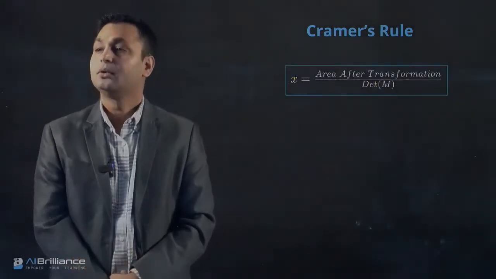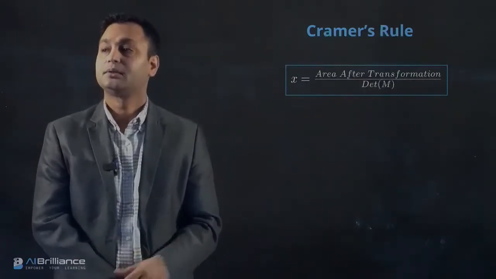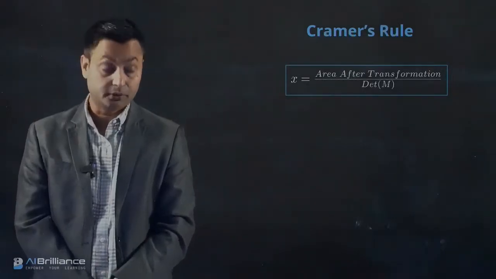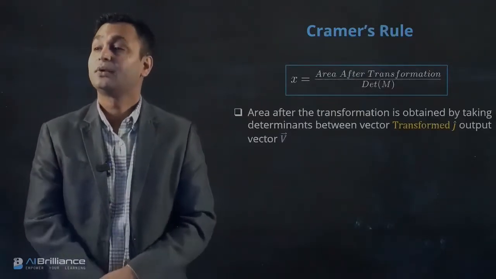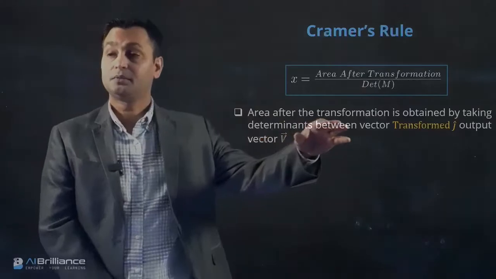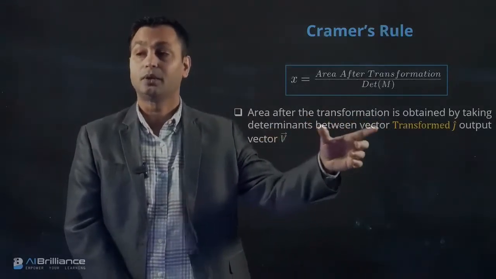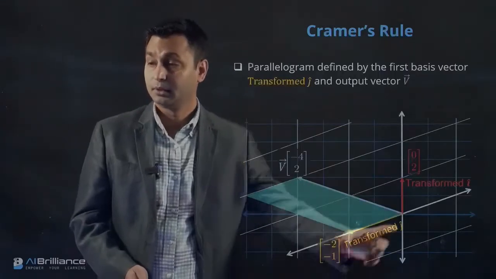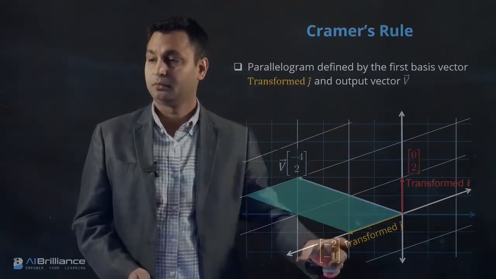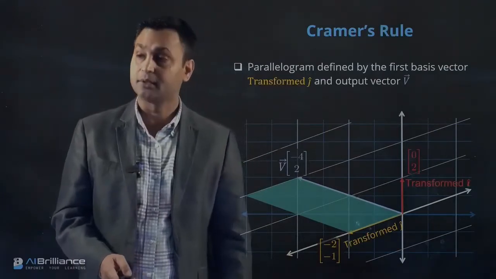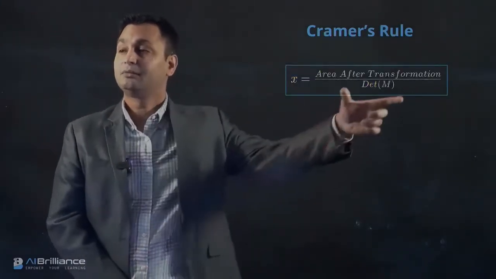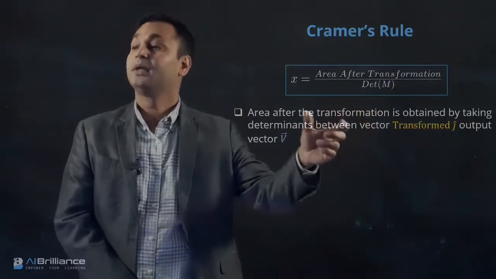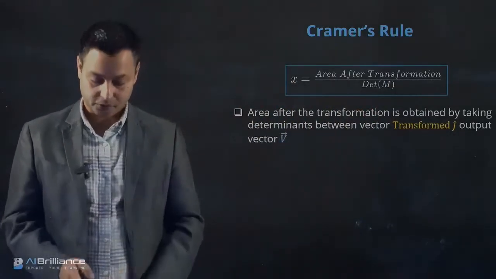So we can now use this idea that x is the area after transformation divided by the determinant of M. We can find the area after transformation by taking the determinant between the transformed vector J and the output vector. If you take these two vectors, compose them into a matrix and take the determinant of that matrix, that will be the area after transformation. Divide that by the determinant of M, and that will help you solve for x.